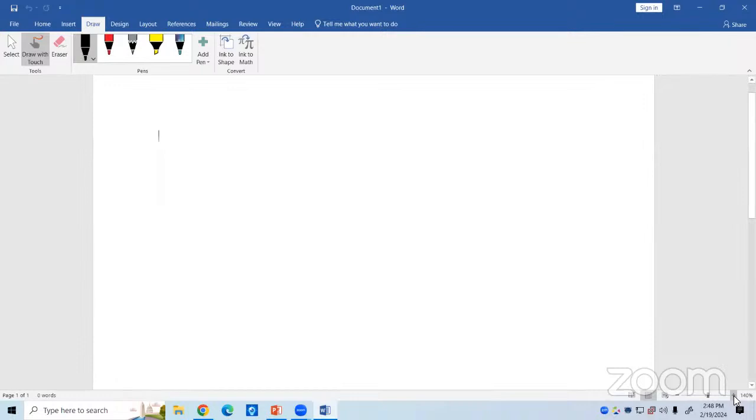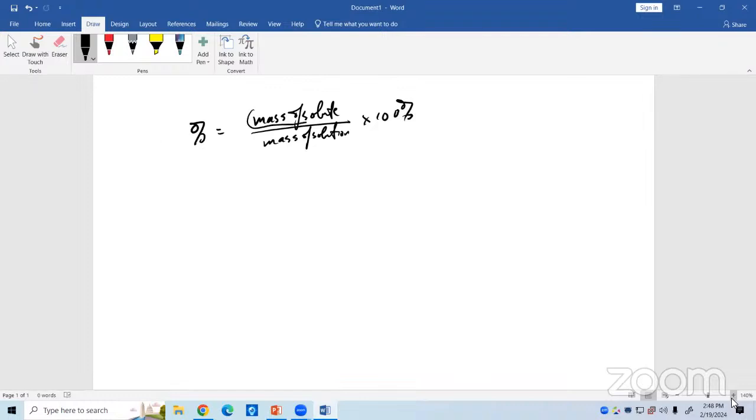Remember now, percent by mass will be equal to mass of solute divided by mass of solution, times 100%. This is one way of expressing it. So basically what the question is asking for is the mass of solute.